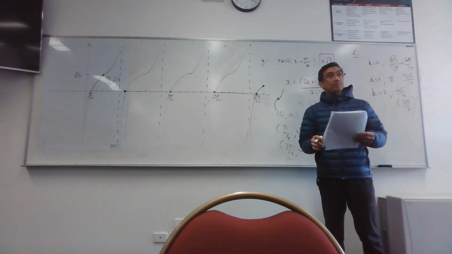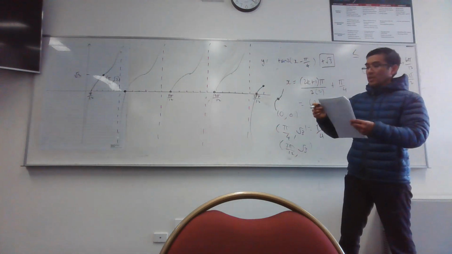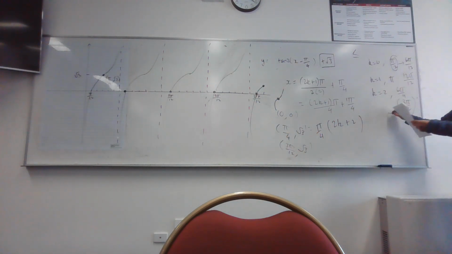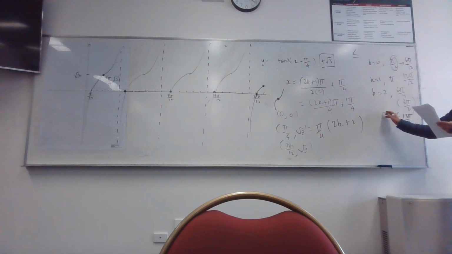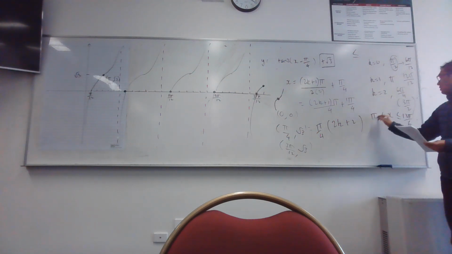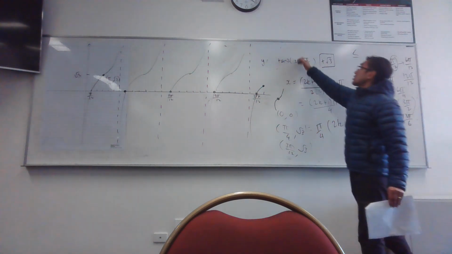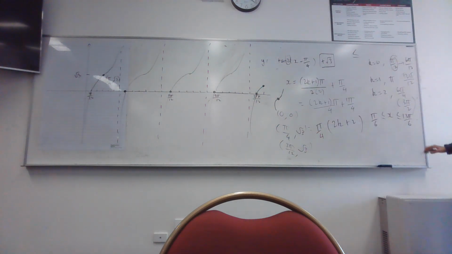So what is the domain? The domain, it was originally 13 pi on 6 to pi on 6, but we have to times them by 2 because of this 2 here. So it's 26 pi on 6.